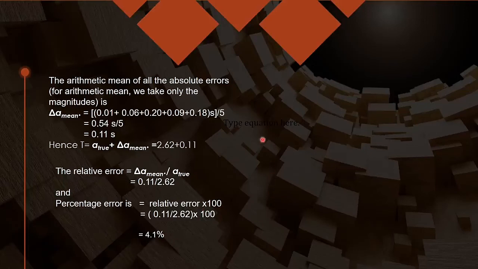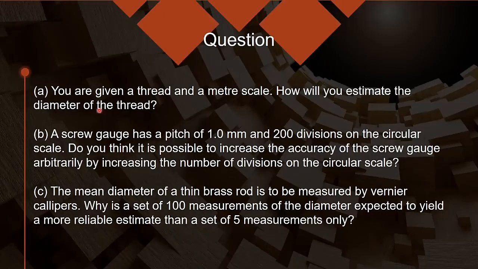So these calculations are very much required when you perform the experiment, and these questions can be asked in the theory exam as well. From both points of view, this question is very important for you. Coming to the next question from your NCERT: you have been given a thread and a meter scale. How will you estimate the diameter of the thread?